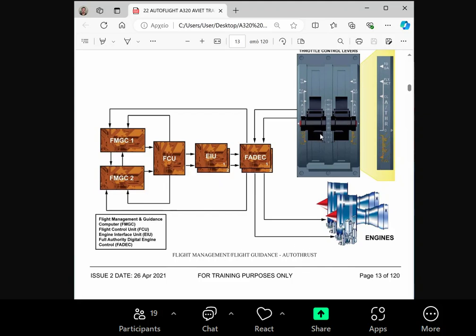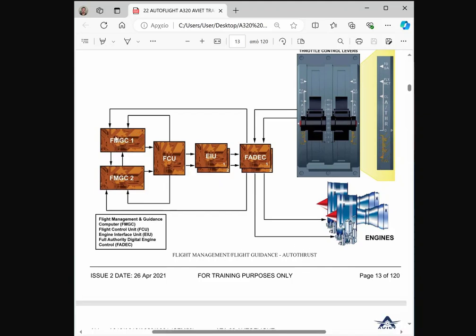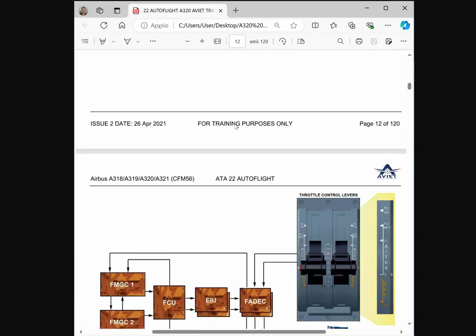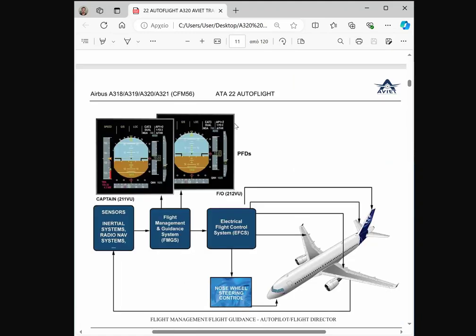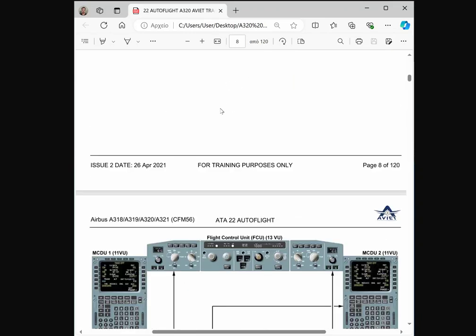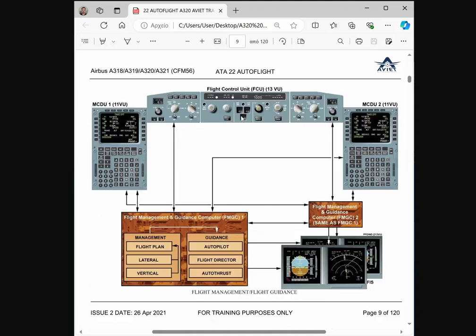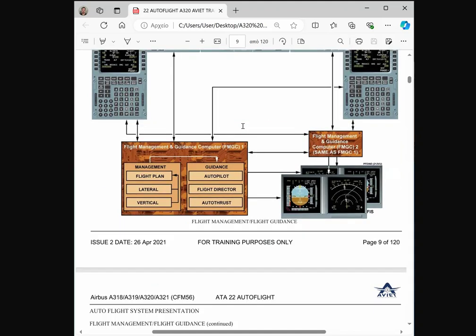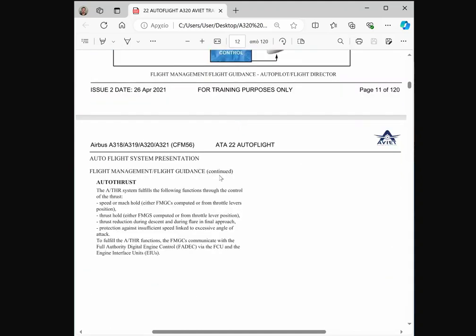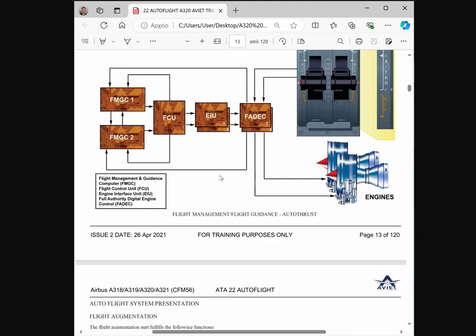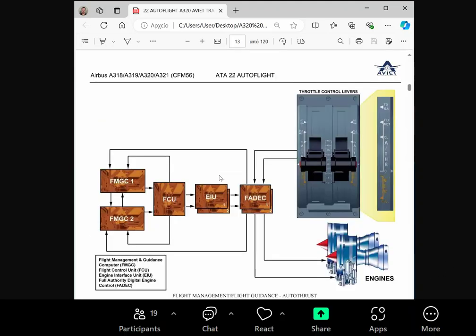Now, guys, you understand how it works? The FMGC sends the increase of the speed to the flight control unit, this one. So it passes through this push button. If this is on, after we go to the best friend. Who is the best friend of the FADEC?